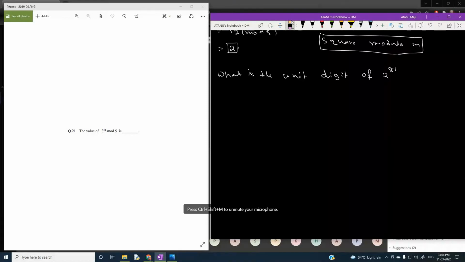So what algorithm should we use such that we can get the unit digit of this huge number? Exactly the same problem.